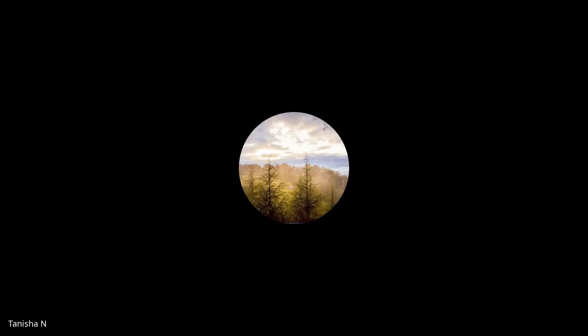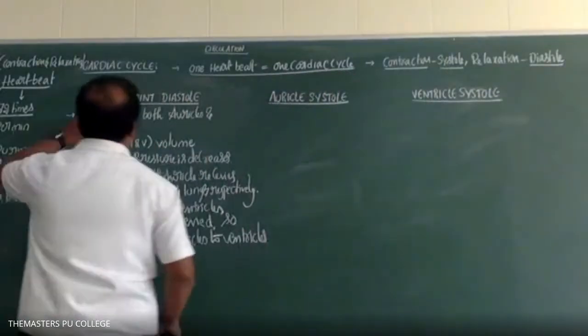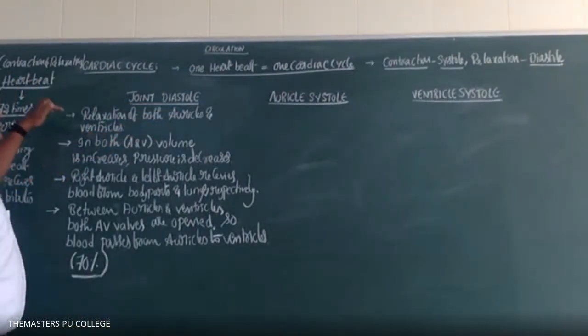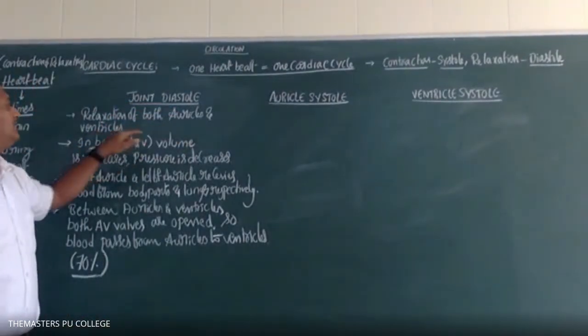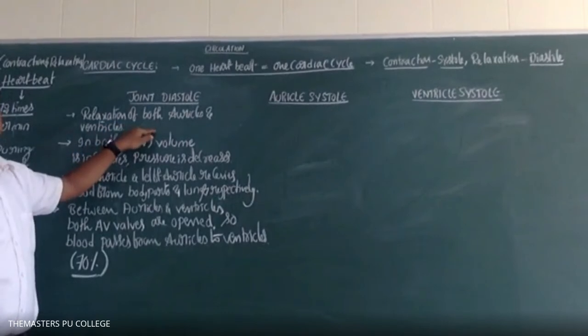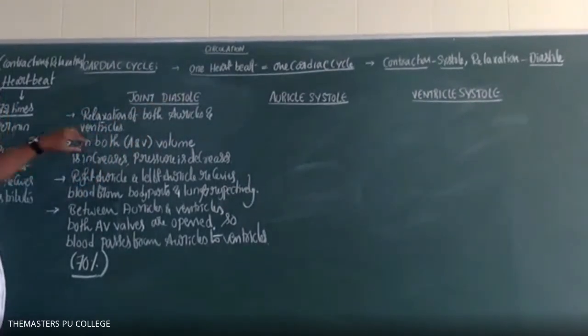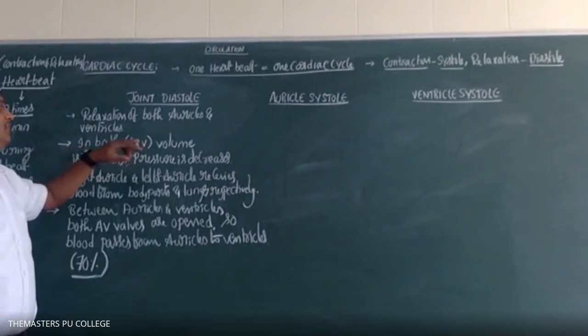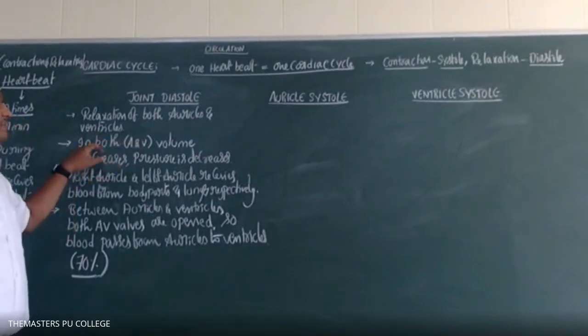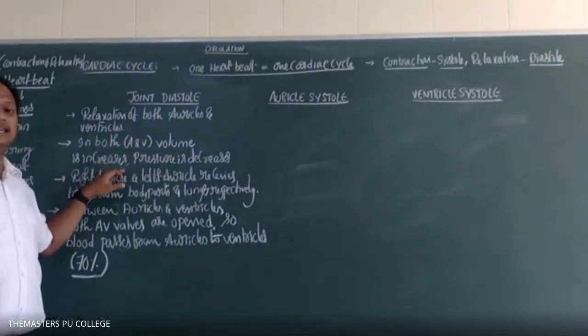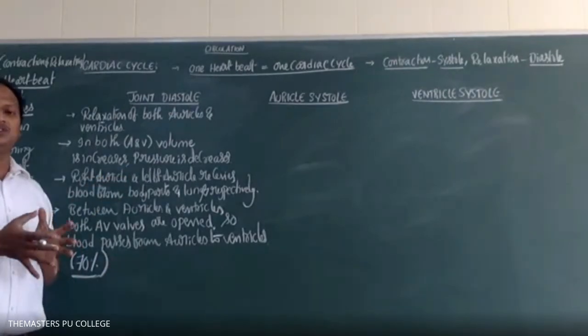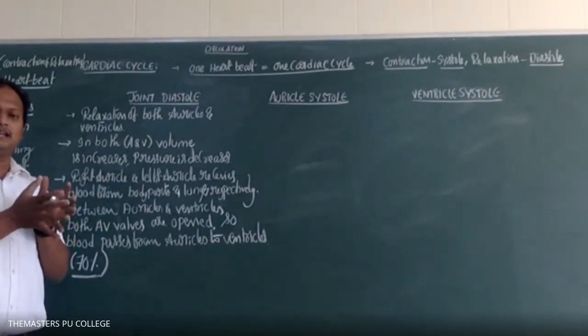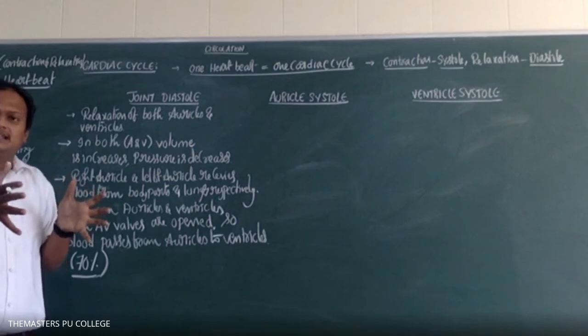Yes, sir. So why only 70%? Once again, I am revising these points. Joint diastole means relaxation of both auricles and ventricles. In both, by the relaxation, volume increases.